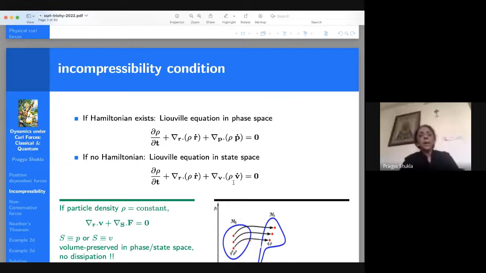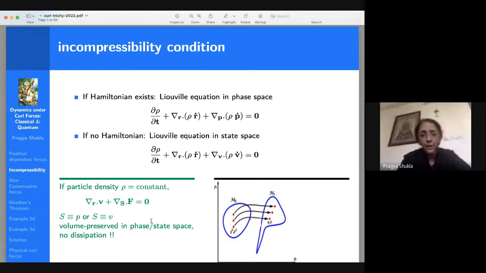However, if the particle density is constant, if rho is constant, that means no source, no sink, then in the case of Hamiltonian formulation, this term is equal to 0. In the case of no Hamiltonian formulation, this term is also equal to 0, but they both have a similar kind of formulation.